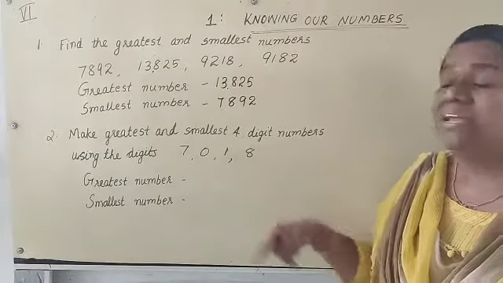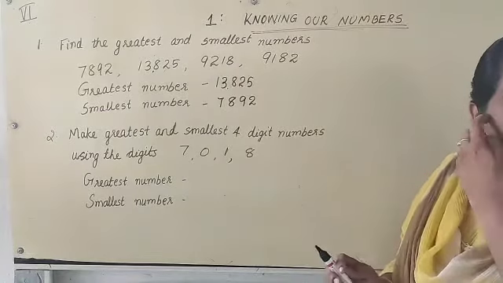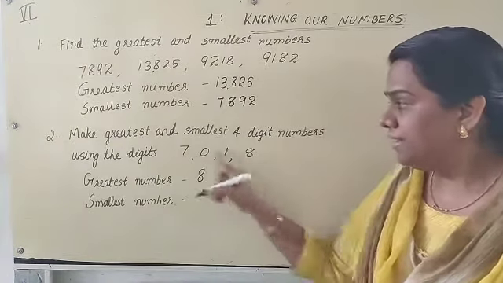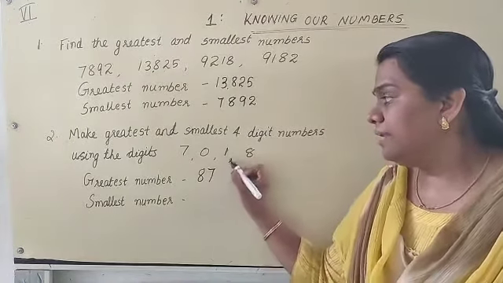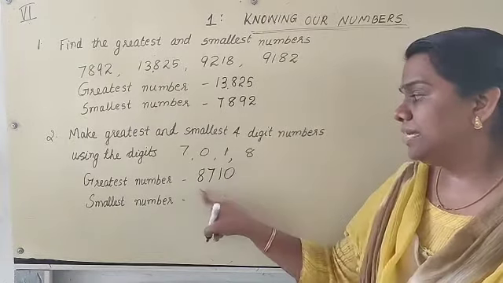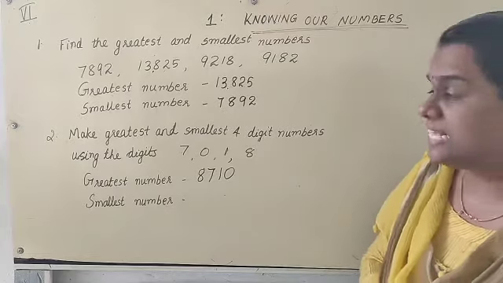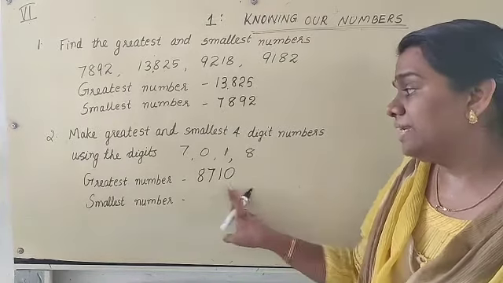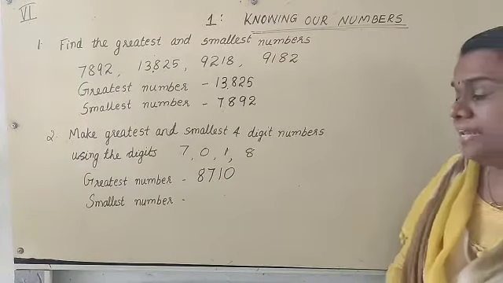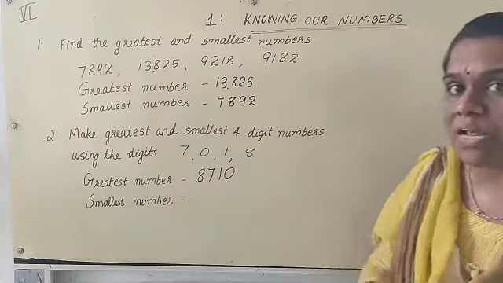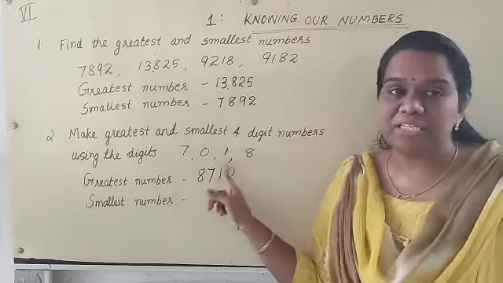Definitely you all know 8 is the largest digit, so we write 8 first. Then 7, then 1, 0. See, we wrote the digits in descending order. So, the greatest number is 8,710.